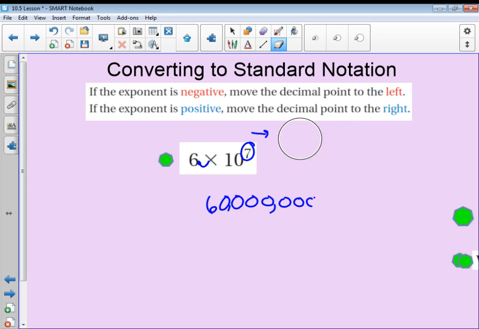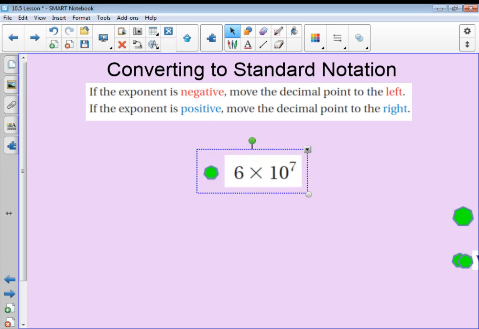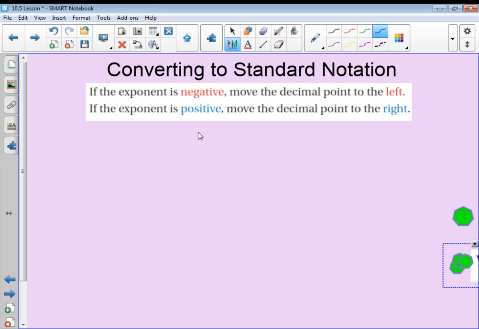Let me write one up here so we can discuss something really quick. Sometimes you're going to have numbers that look like this. Take note, we have more than 1 number here. Not always does this happen, but sometimes in the real world with scientific notation, it does.